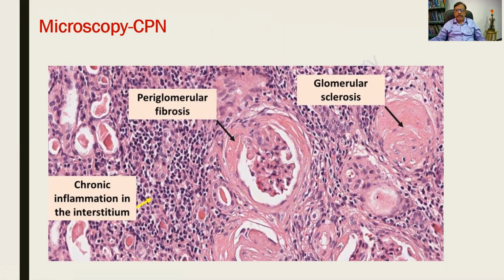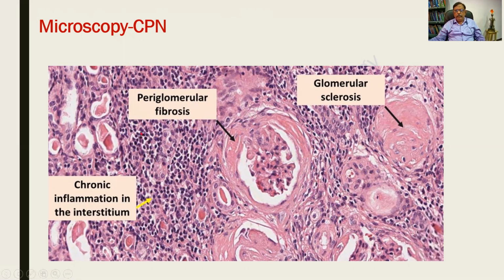Microscopically, what do you see? Basically, it is a disease of the tubules. These are all the renal tubules. There is stasis, there is a precipitation of protein, and this leads to infection and inflammation. This area in between the tubules is called the interstitium. It is a supporting fine fibroconnective tissue.